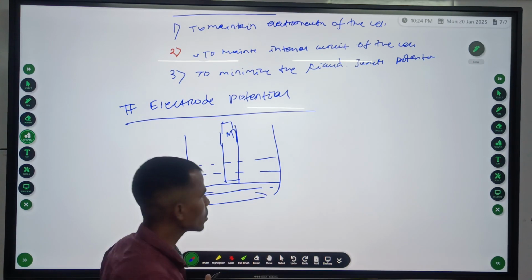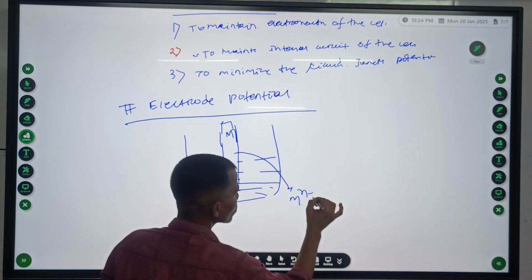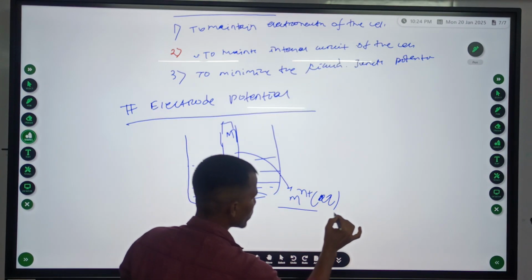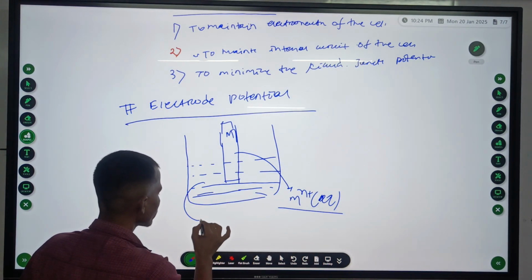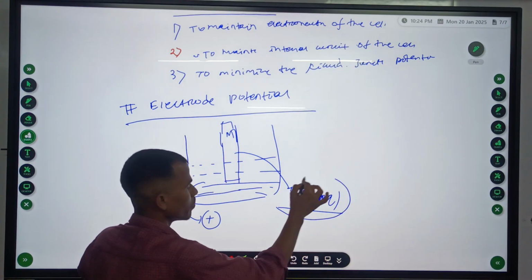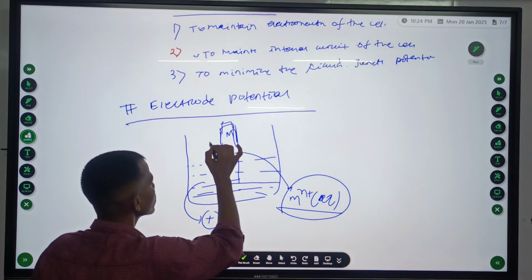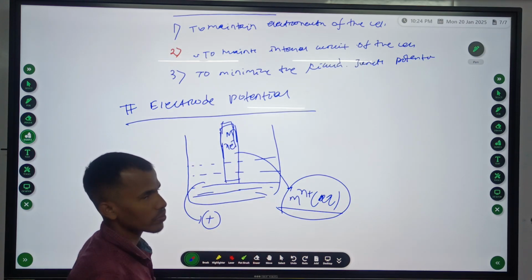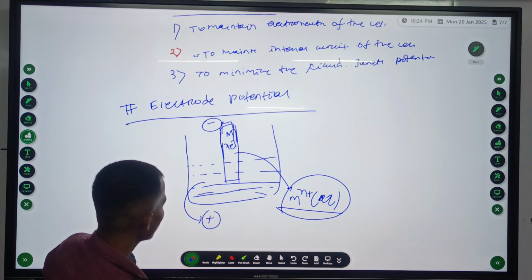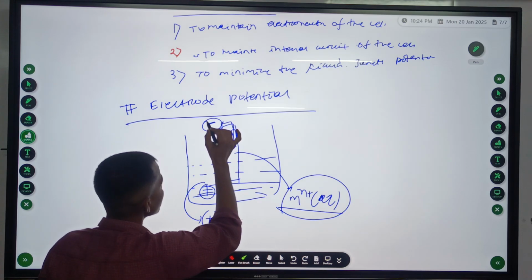This is the electrolytic solution. As the metal is converted into metal M n plus, due to this the solution gets positive as the metal is readily converted into its cationic form, and the electrons present in this electrode make it appear negative. So the electrolytic solution is positive and the electrode is negative.